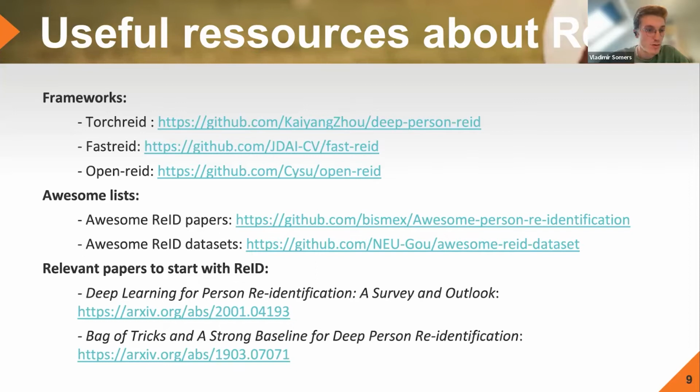And just below, bag of tricks and a strong baseline for deep person re-identification. This is a very, very popular paper on re-identification, which basically introduces a baseline producing state-of-the-art performance. And that kind of baseline will probably be a good starting point for you to start with the challenge.